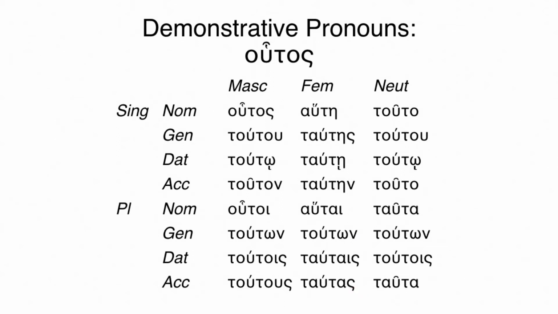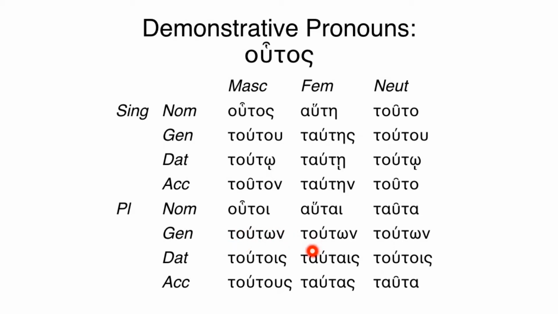Now, one other thing to note. The endings are the same as graphe, that standard feminine noun to model the first declension nouns. No surprises there. However, what we do see is this form, tuton, the genitive plural, has switched back to an omicron instead of an alpha, just like the masculine form.